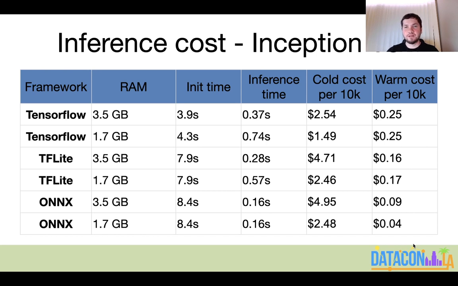If, for example, you want to use it more as an API, like a deep learning API, and you want to minimize your cold start, in this case, using something like TensorFlow would be more helpful, even though inference time itself is not very good. Also keep in mind that you can optimize your model specifically for the inference.